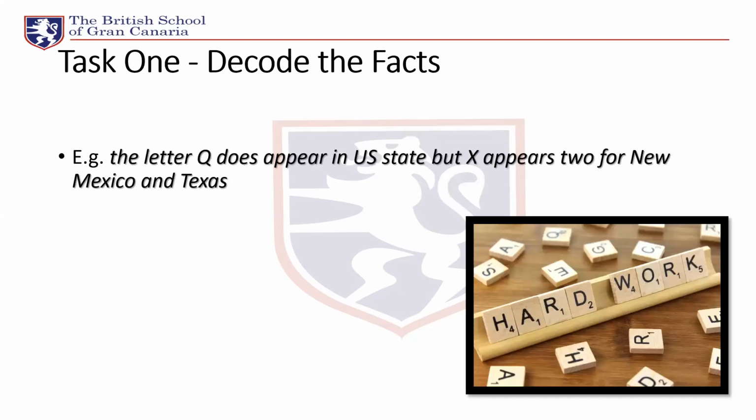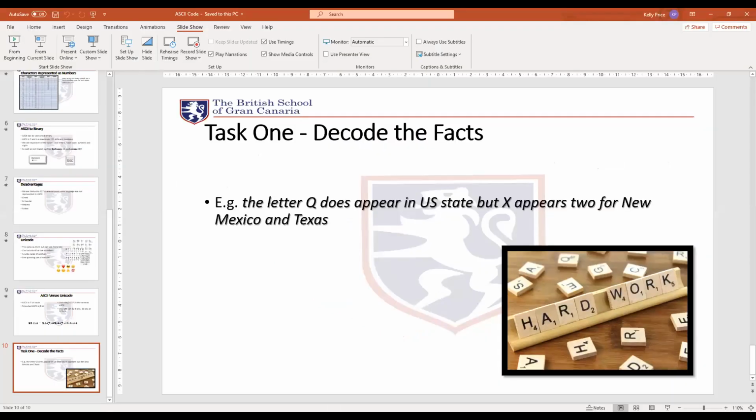Now, what I'd like you to do is decode some facts. I'm going to give you some facts here. For example, the letter Q does not appear in any US state name, but X only appears in New Mexico and Texas. That's fairly interesting. Right, now I'm just going to share my screen with you.